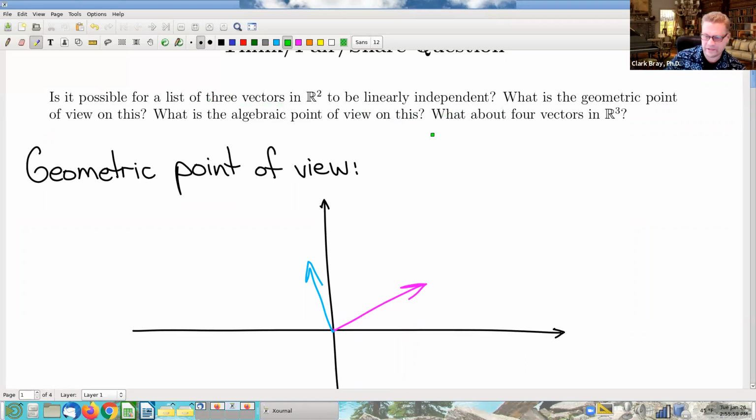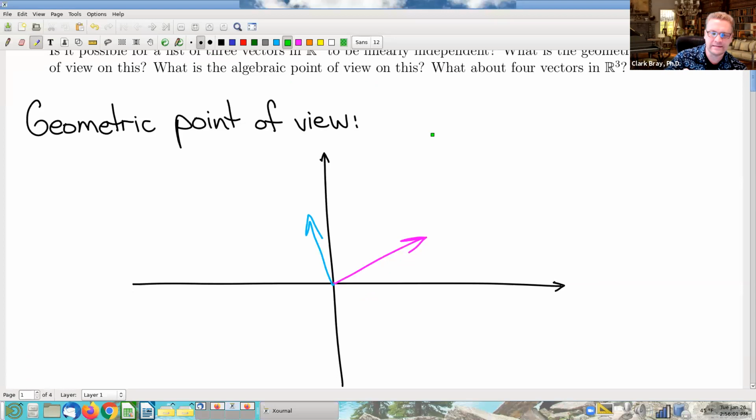Well, that third vector, here's the thing. I can't go parallel to the first vector. I can't go parallel to the second vector, but the big problem really is I can't go in any direction that's a combination of those. So for example, if I were to try to make my third vector, let's say this, well, that is a linear combination.